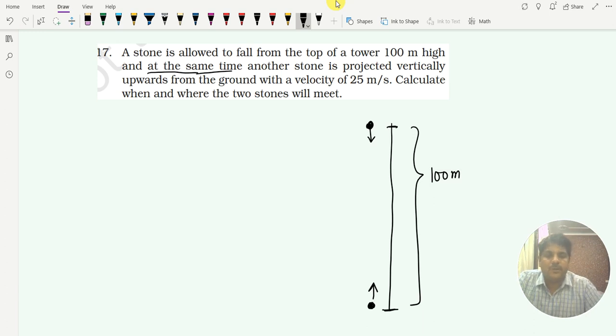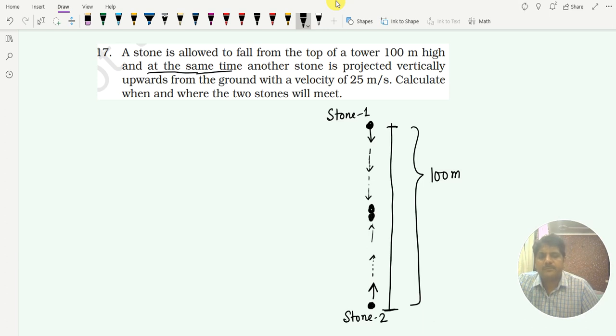A second stone is dropped. So let us say this is stone A, stone 1, and this is, let us say, stone 2. So stone 1 is falling down with gravity. Stone 2 is moving up against gravity. So in the same time, the two stones will meet somewhere here.